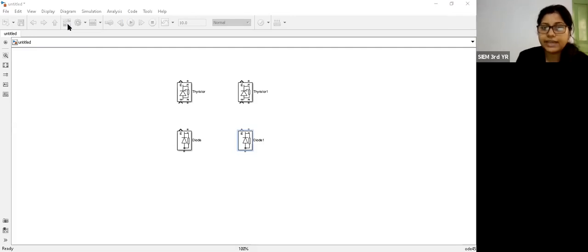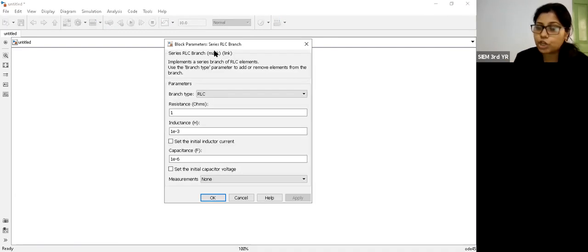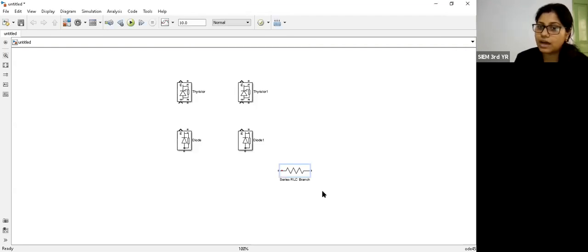Now from the elements we want the series RLC branch. Okay, so this is the series RLC branch, but as per our circuit requirement, we want a resistive load. This combination is RLC, but if you click on this RLC branch, a block parameter window will appear on your screen, and you can see that the branch type is RLC, but you can choose your branch type as only capital R. So this is our resistive load.